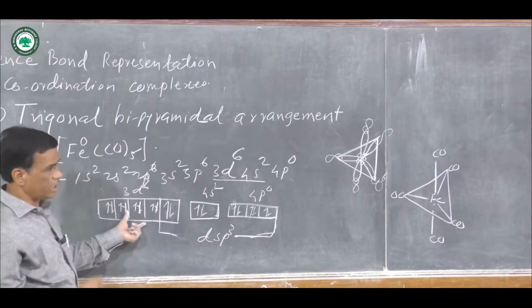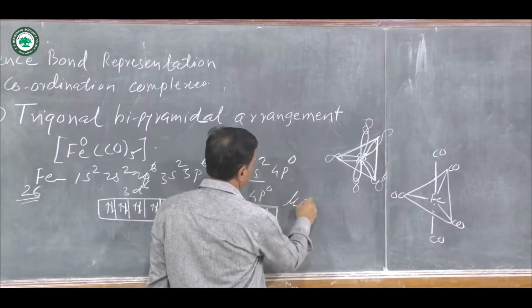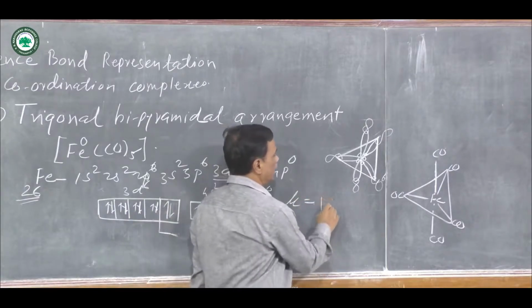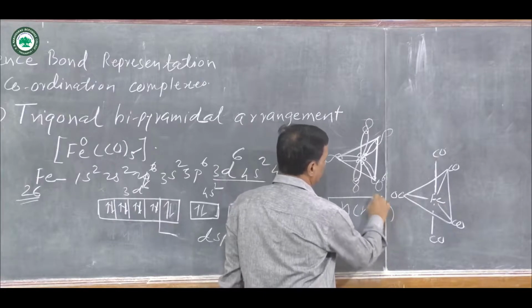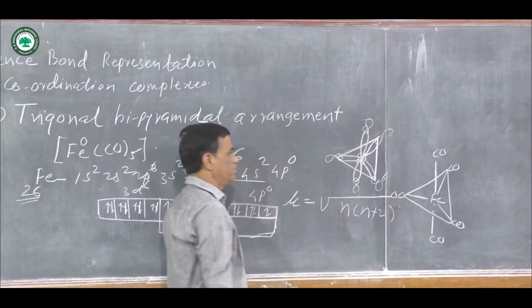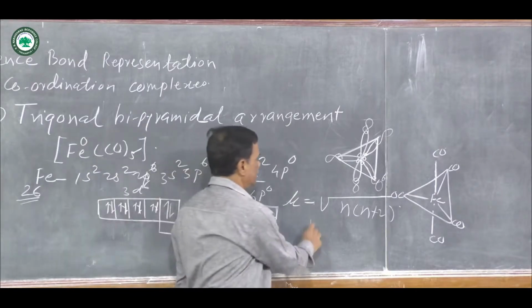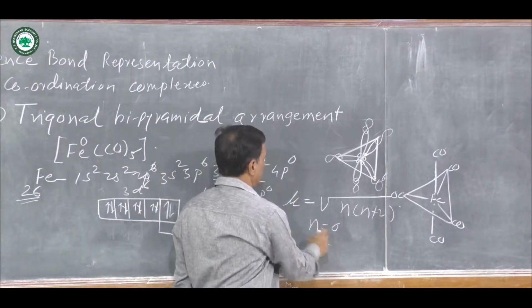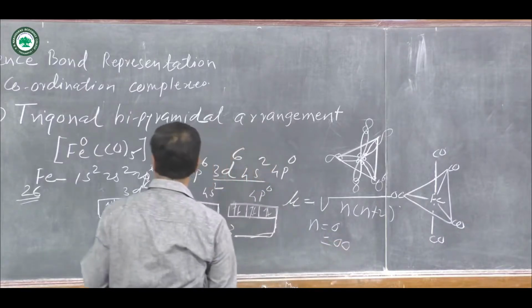All electrons are paired, therefore the magnetic moment mu effective is equal to the square root of n into n plus 2, where n is the number of unpaired electrons. The number of unpaired electrons is 0, meaning n is equal to 0. Therefore the magnetic moment is equal to 0 in Fe(CO)5.